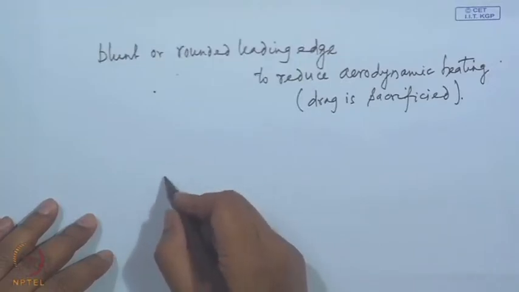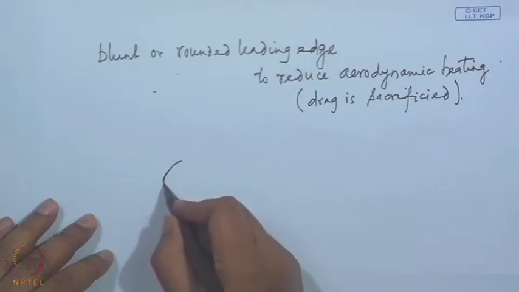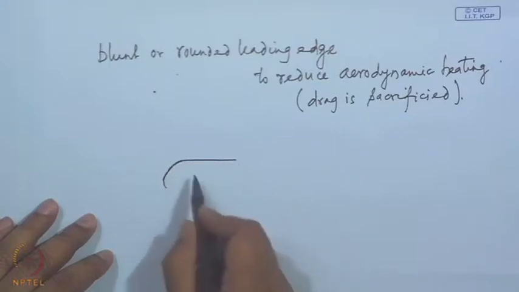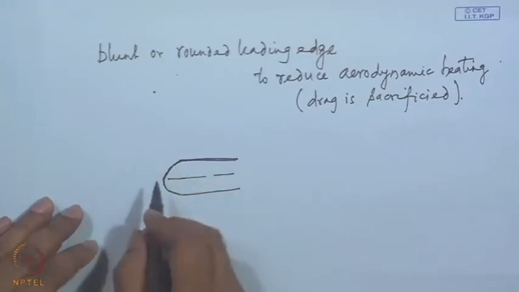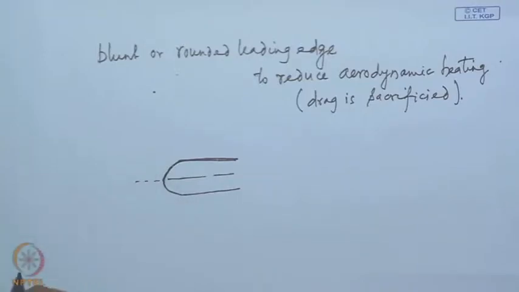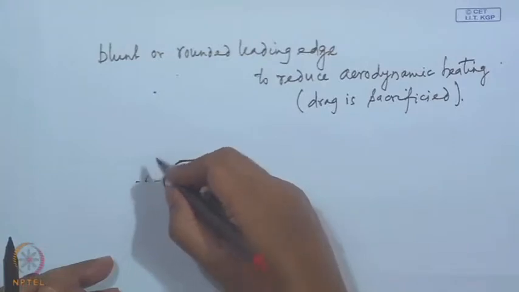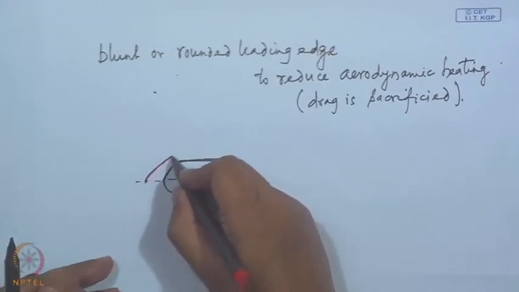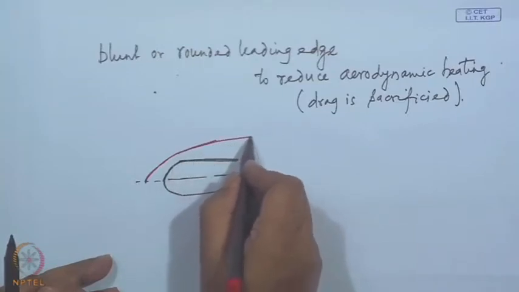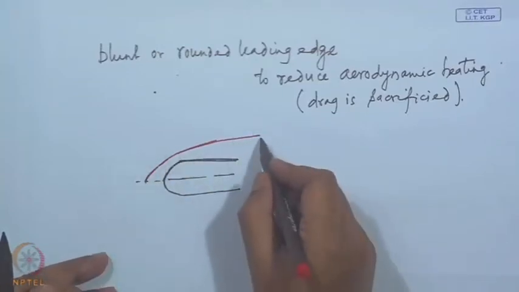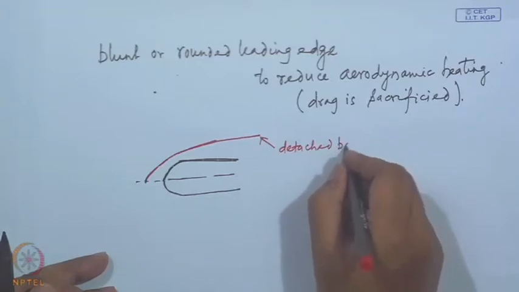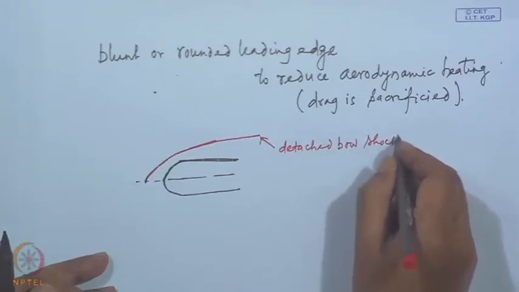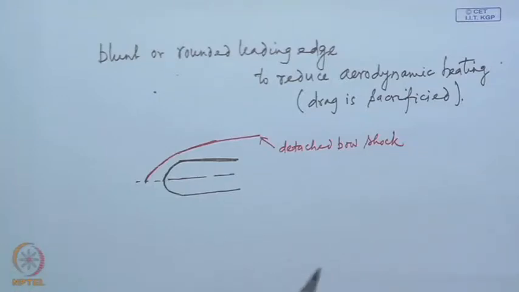Even if a body is blunt, let us say this type of blunted body will have a detached oblique shock, a detached bow shock.